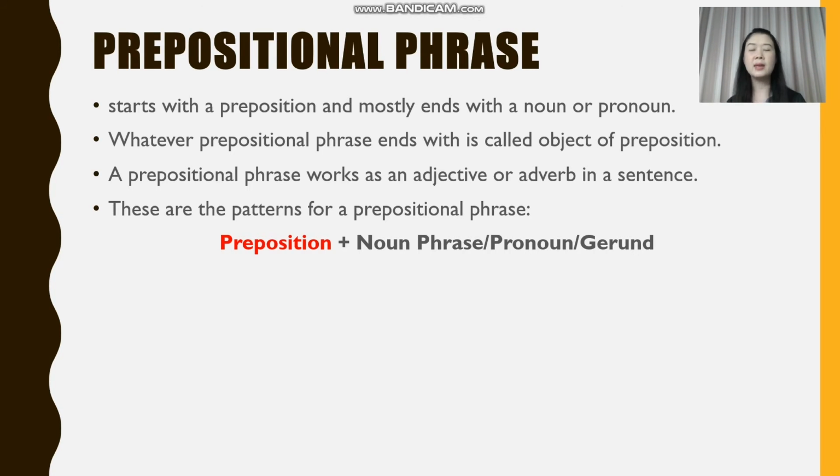Alright, and the word or any components right after the preposition would be called the object of the preposition. Okay, and here is the example of how we use the prepositional phrase in the sentence.